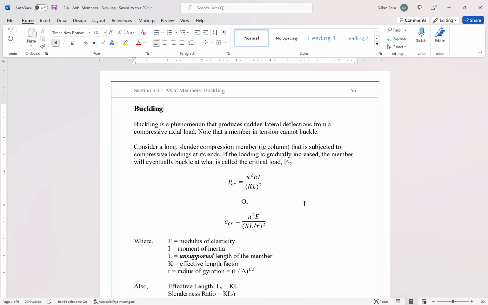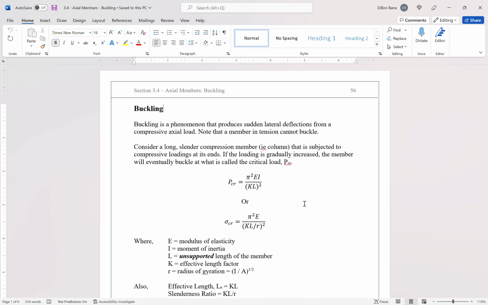But at some point, when you push those ends together, that paper clip is going to all of a sudden bow out. Okay, that is the point of buckling. That is when that member has buckled. So that sudden lateral deflection is what we call that bowing out of a compression member.